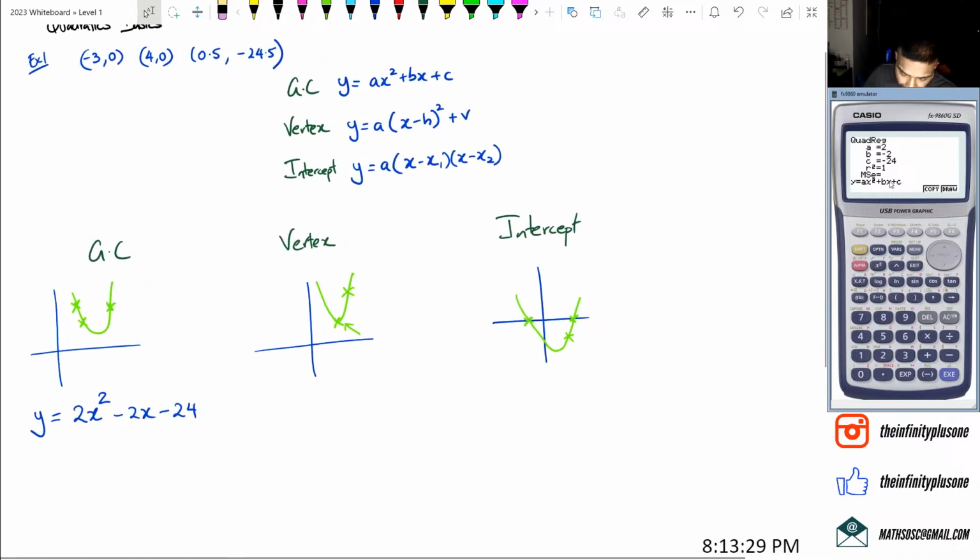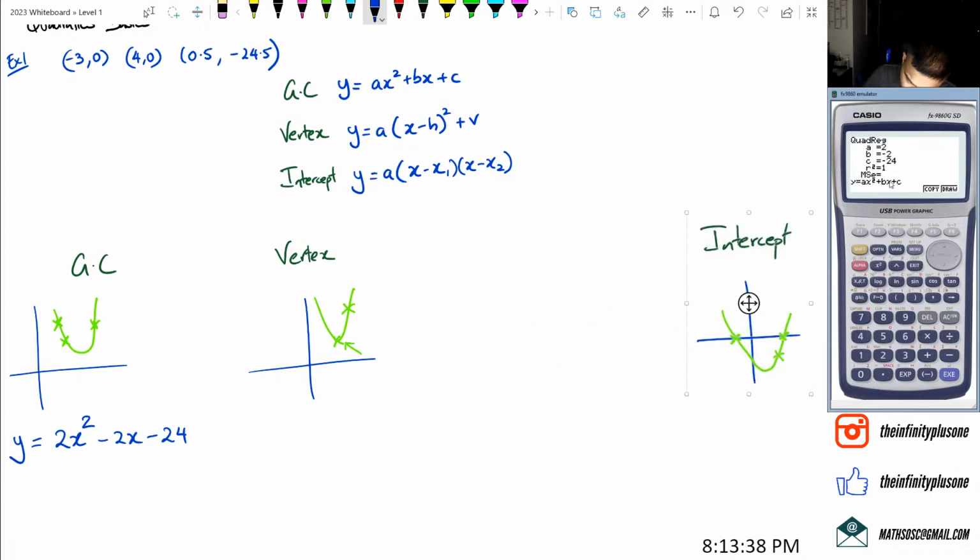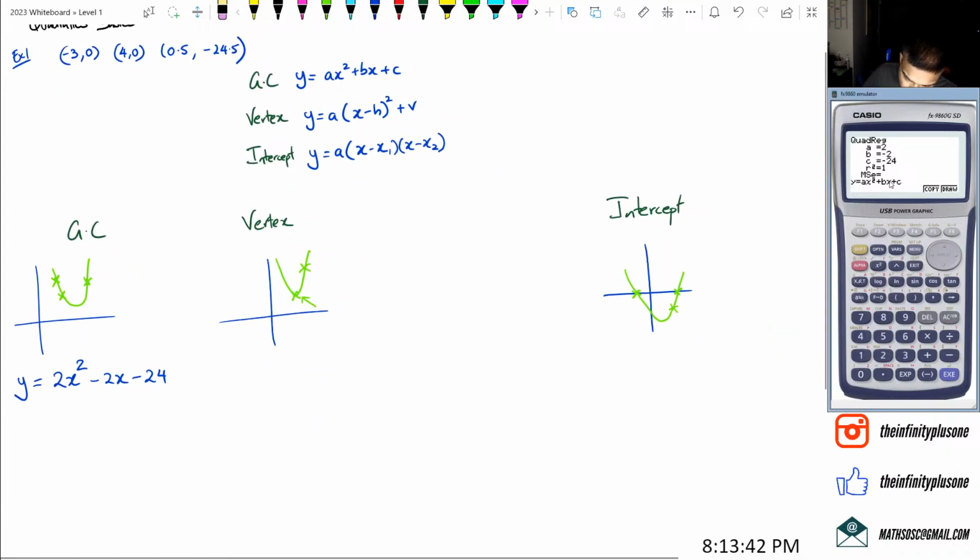So how does this all actually work out? I'm going to give myself a little bit of room here, guys, so that I can show you how this works. Because I've got my little diagram there, I'm going to replace this. What I've got here is -3, 0, 4, 0, and then the vertex is down there at 0.5, -24.5.